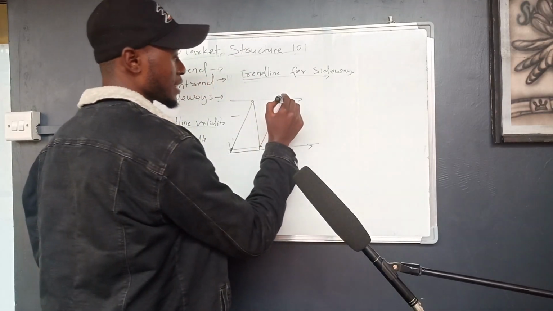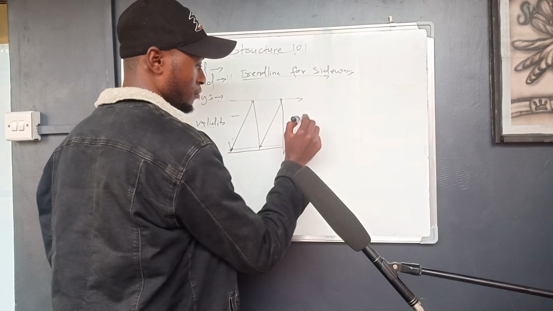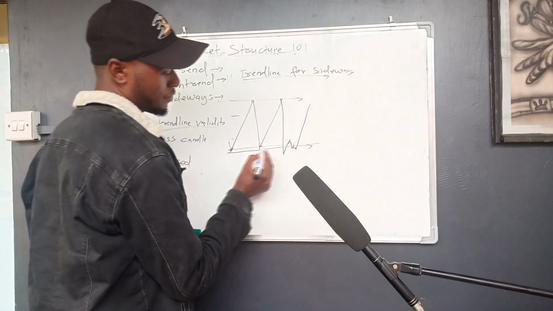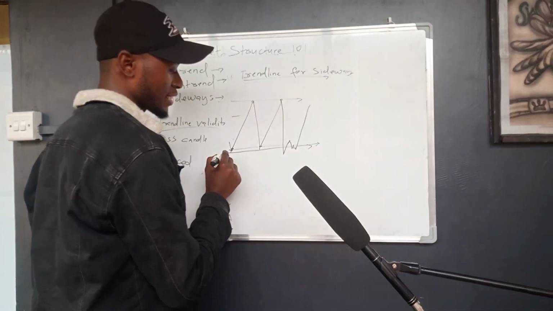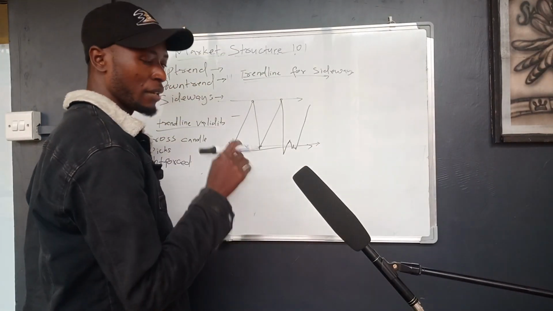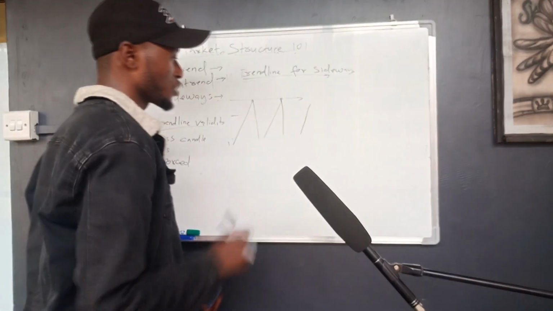But the market can still do this. This does not validate the sideways market, but it invalidates the trend line. So on sideways markets, you don't use trend lines.